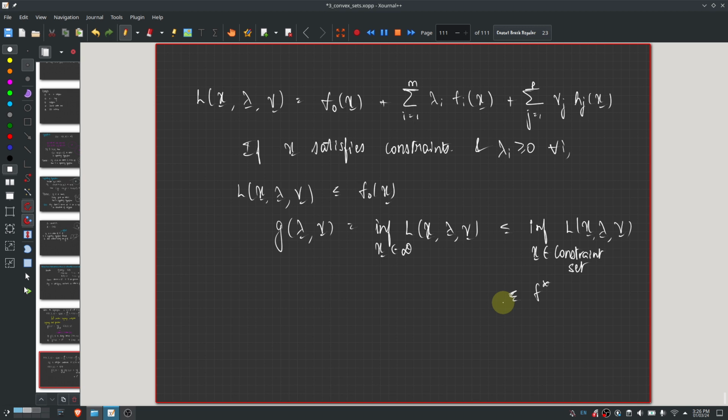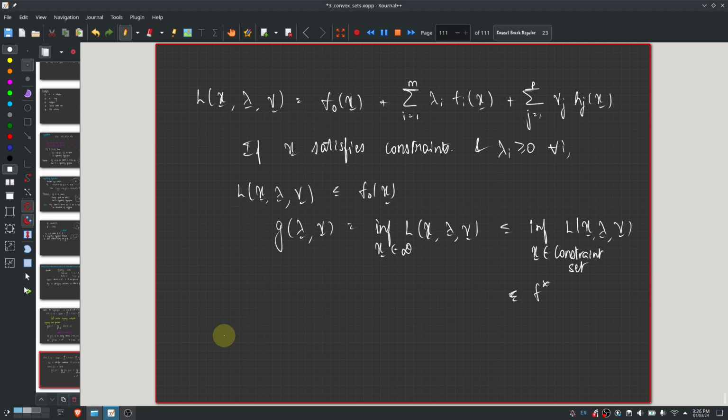The domain always contains the constraint set, right? For the constraints to be satisfied, x has to be defined, so the domain is all the regions where all the f_i's are well defined. So the domain will always contain the constraint set.